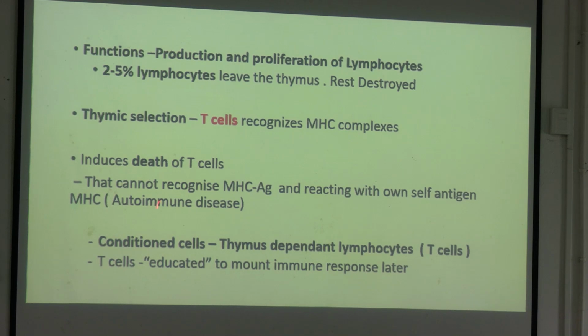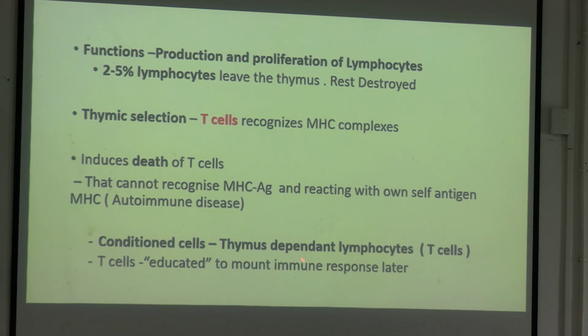Now there is something known as thymic selection, because some lymphocytes, the T cells, recognize the MHC complexes, so recognition and maturation is called thymic selection. We'll see later what it is. And there is something called the death of the T cells. See, the T cells that cannot recognize the MHC antigen, or react with their own self antigen, are destroyed in an autoimmune procedure.